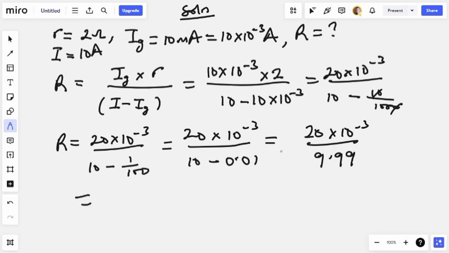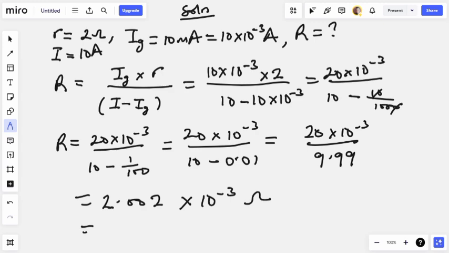So if we do 20 divided by 9.99, you have approximately 2.002, then times 10 raised to the power of minus 3 ohms.